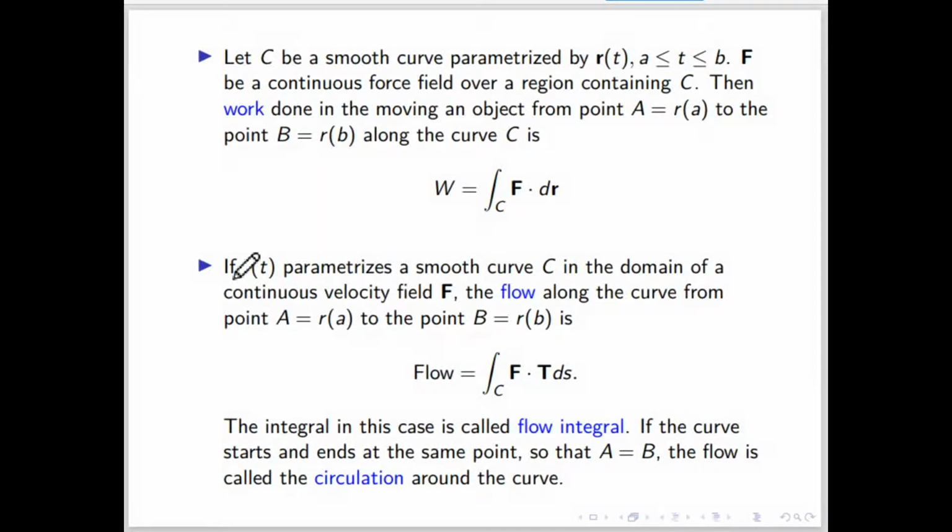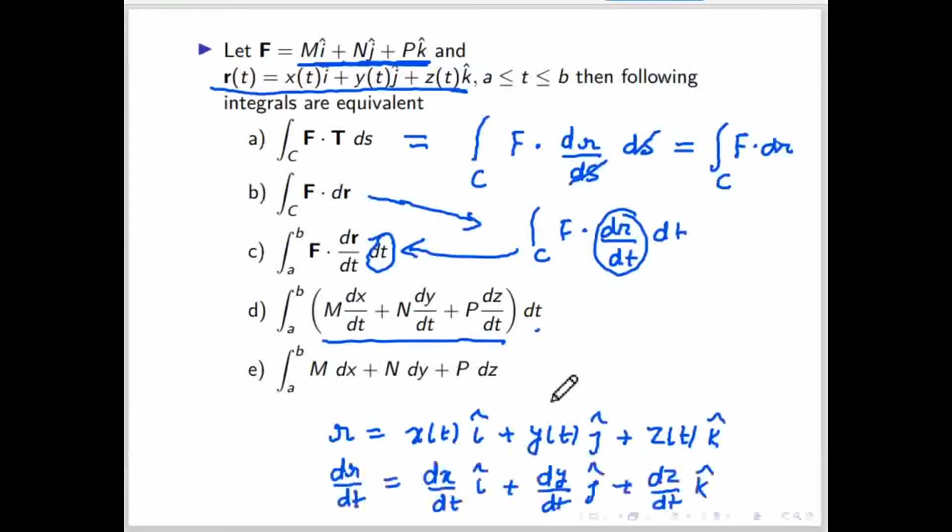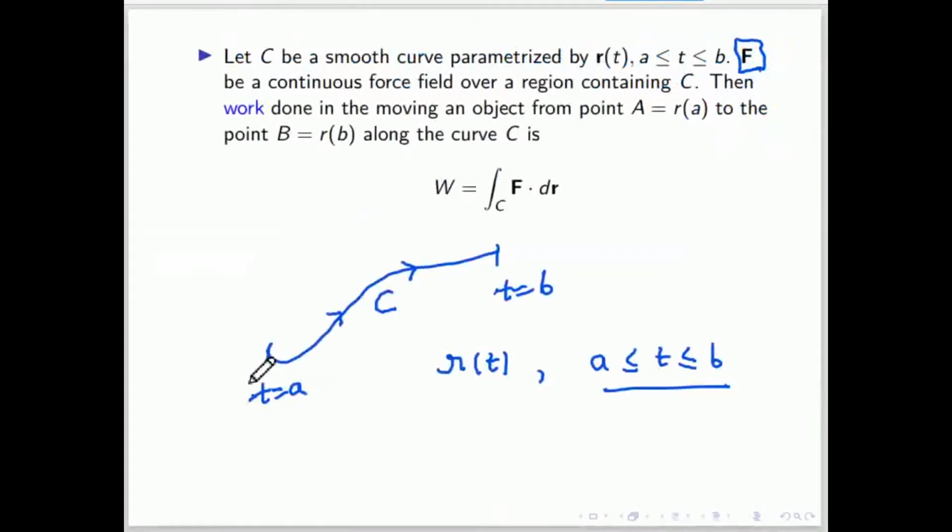You can remember either F dot dr or F dot T ds, any one, all are the same actually. So the five equivalent forms are there, and in each case you have to calculate only the line integral.